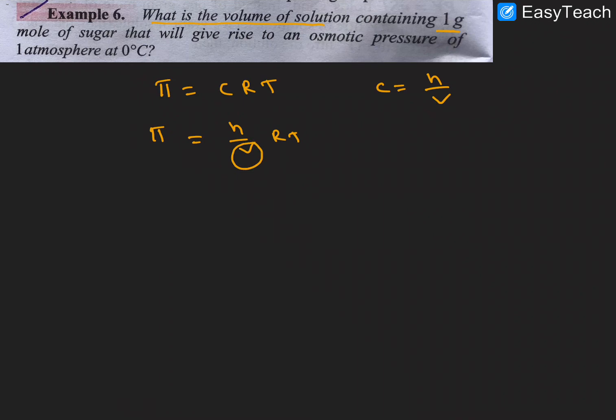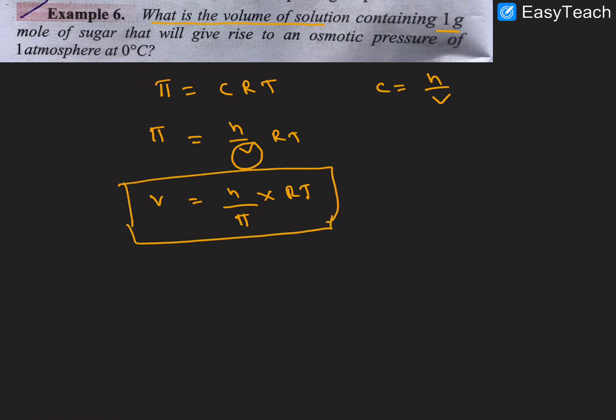We can rearrange the formula. Here we want the V value, the volume, right? Volume is equal to N by osmotic pressure into RT. So this is the formula to find the volume. Just observe what information they are giving in the question. Very clearly they are mentioning 1 gram mole, so N equal to 1 gram mole.